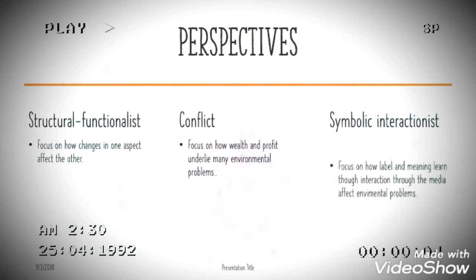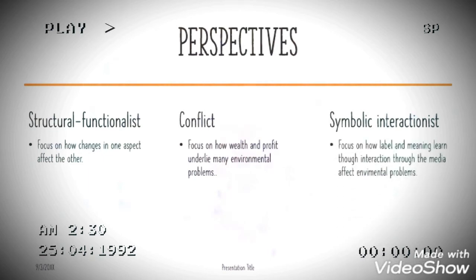For the symbolic interactionist perspective, it focuses on how labels and meanings learned through interaction and the media affect environmental problems. For example, let's say that we learn that it is good to recycle through interaction with our peers.